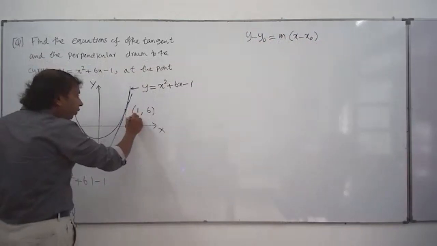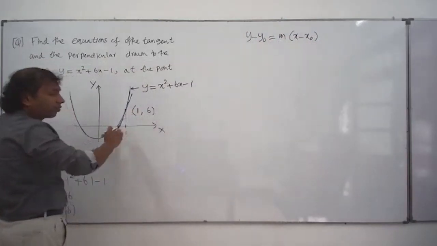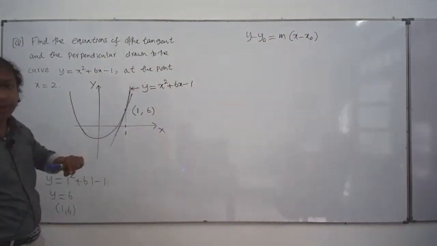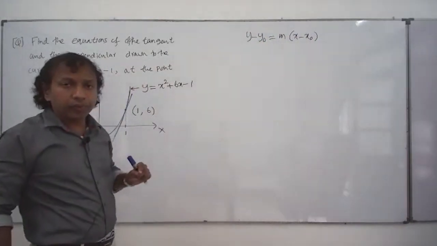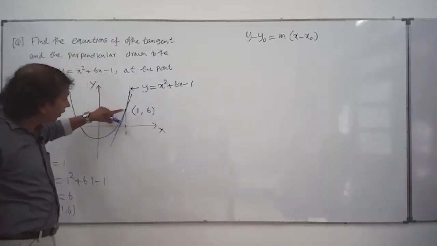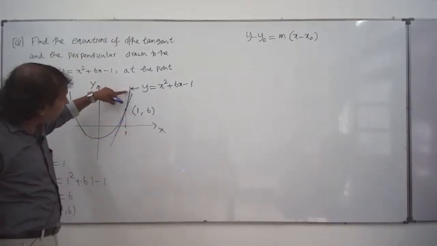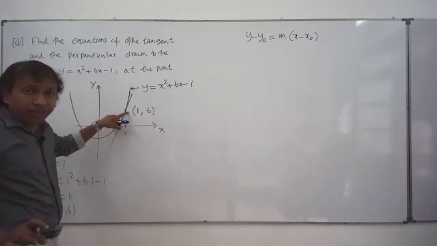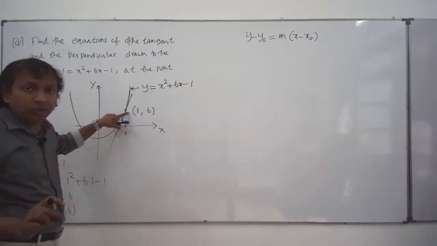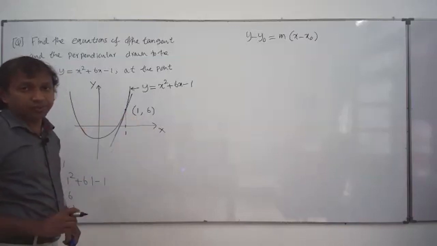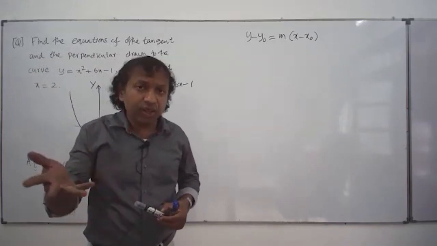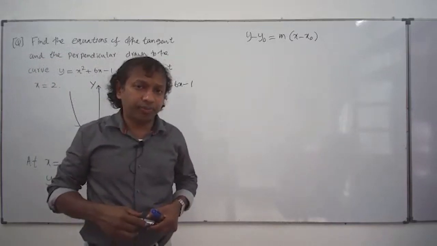As our x naught, y naught, we can use this 1 and 6, because x naught, y naught means any point on the line. This point 1, 6 is on this curve as well as on this tangent, because this tangent is constructed to the curve at the point 1, 6. So this point lies on the curve as well as on the tangent line.